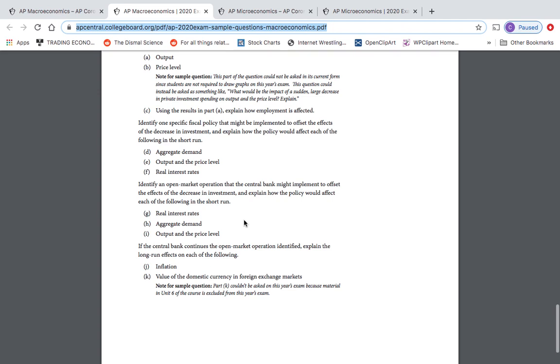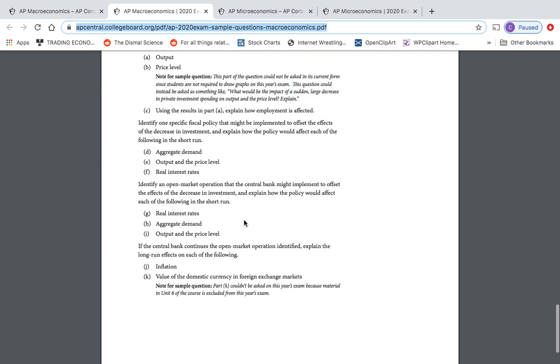All right, next part. If the central bank continues the open market operation, what are the long run effects in each of the following? So in terms of inflation, based on the change in the price level from both of those policies, looks like they're asking about self-correction here.